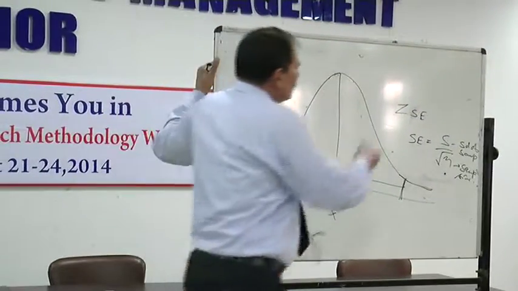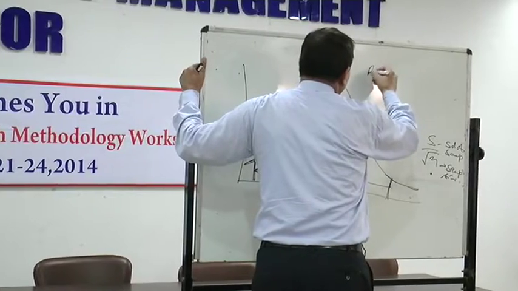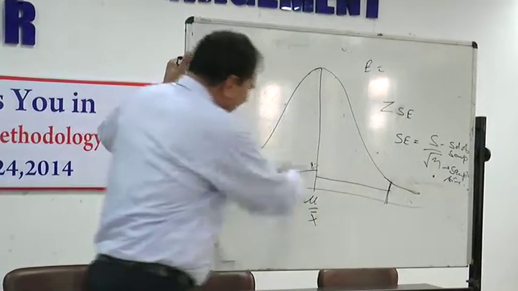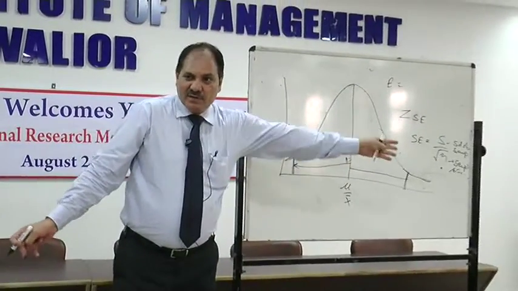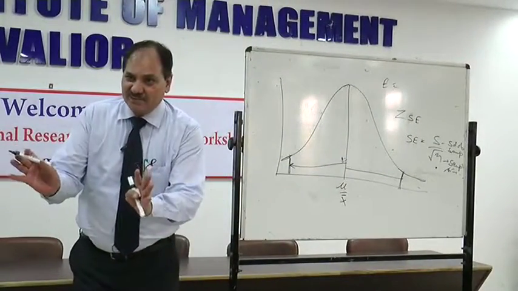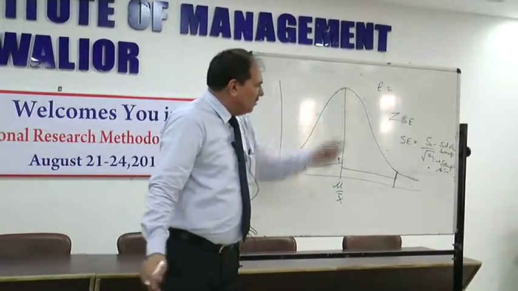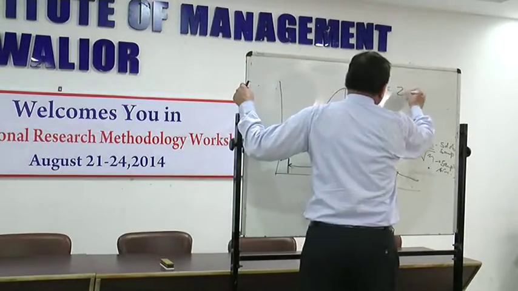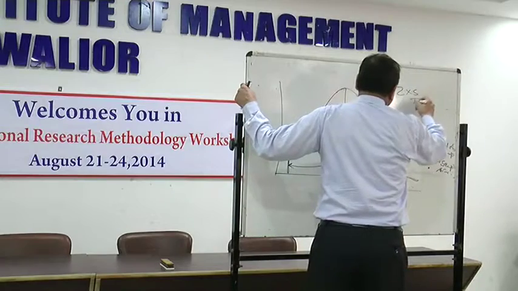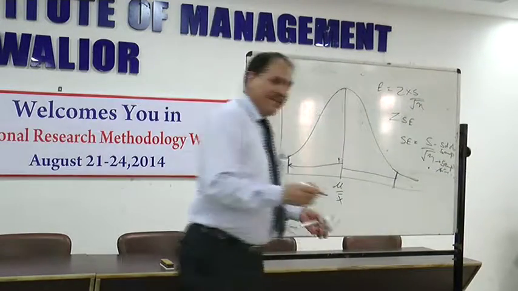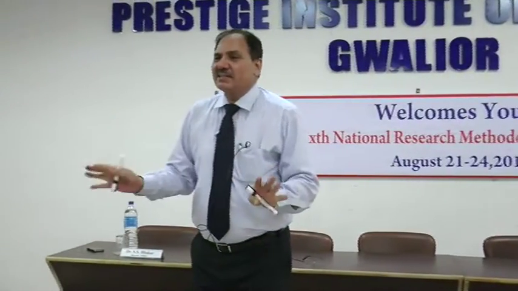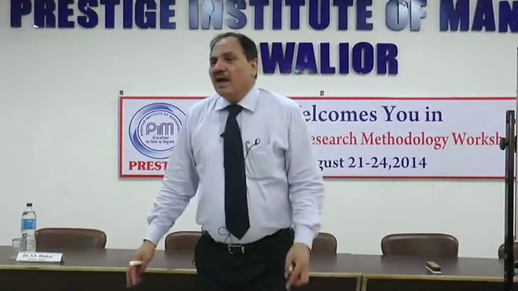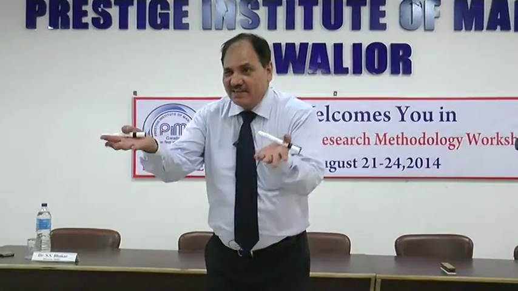Right? So it will become error, this is called error because variance from the population mean is called error. And this will be the accepted error. So accepted error is equal to ZSE, which is equal to Z multiplied by S divided by root n. Okay? So error is the maximum error that we are accepting, either side. And how much error is acceptable to us?